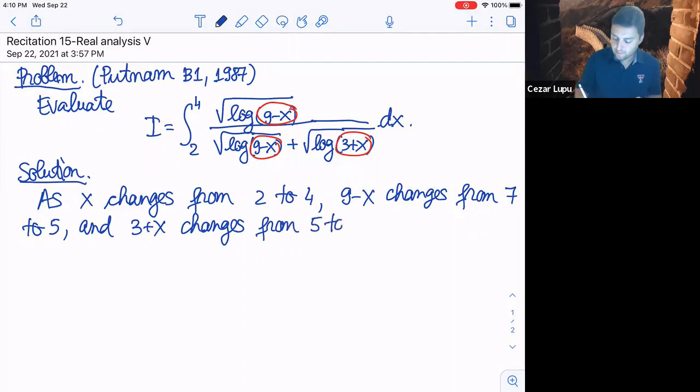Wow, that's pretty obvious to see. So we'd like to use this. Maybe we can see some kind of change of variables, like a U substitution.